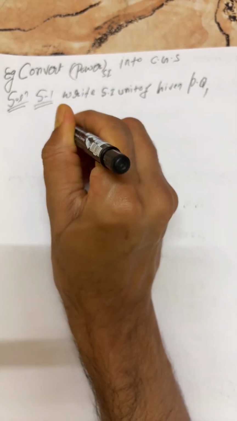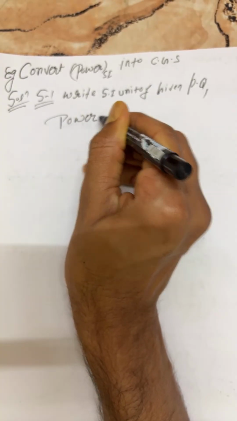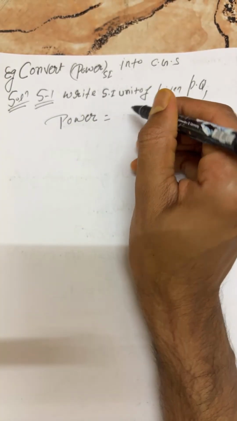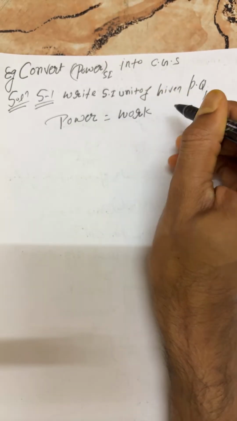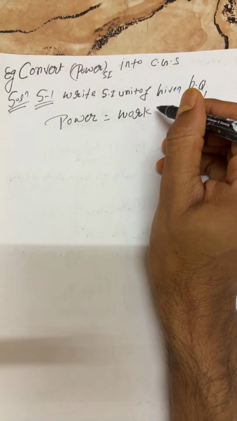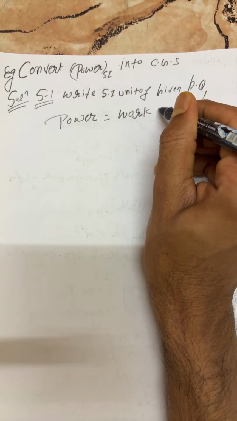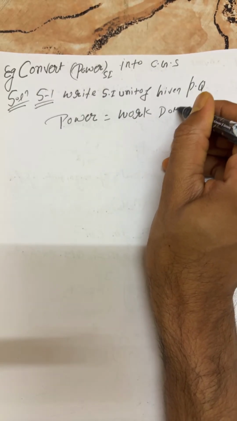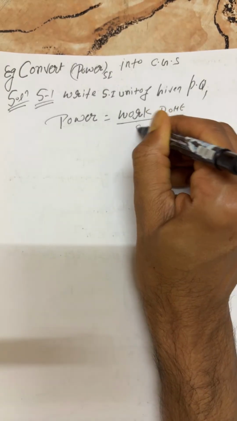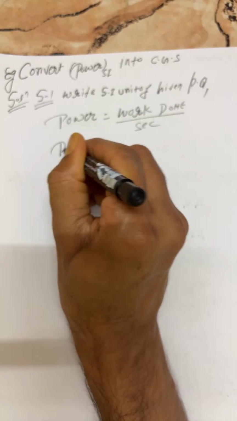So this is what, my kids, power. What is power here? Rate of work done, or you can say work done per second.